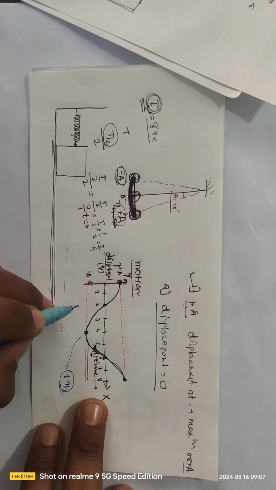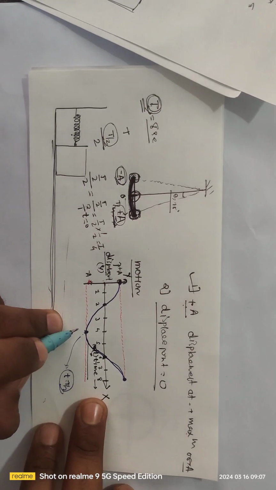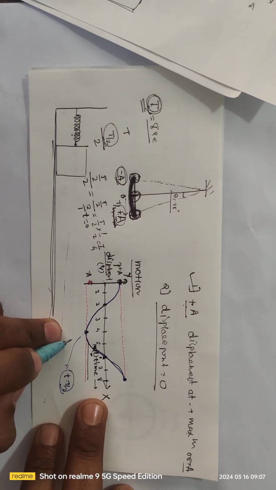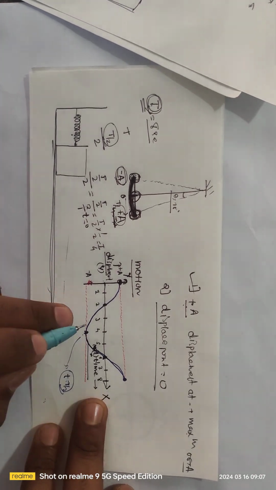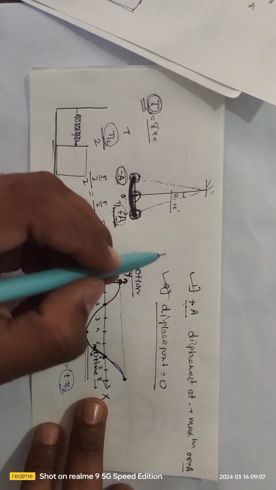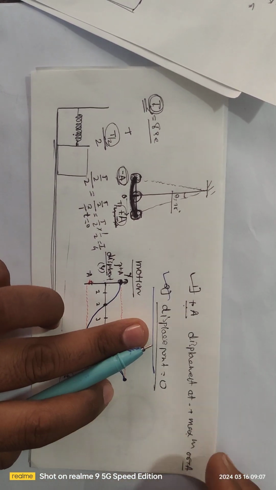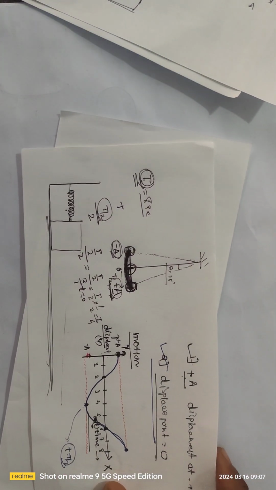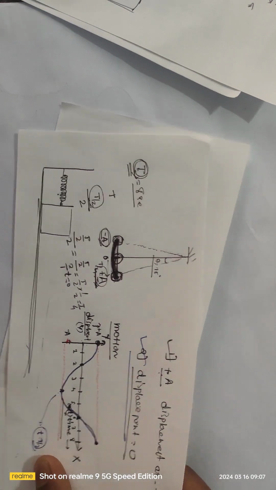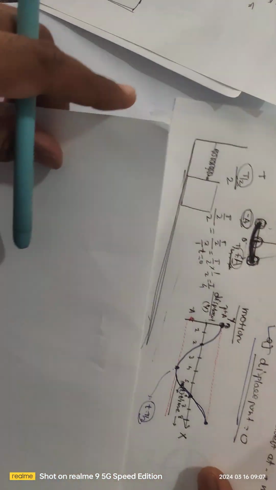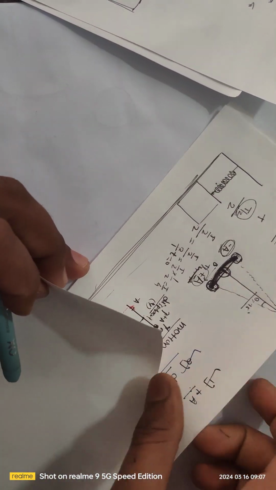Now I want to represent this in equation form, but before that I will take the second condition. If I start the oscillation from the 0th position, same thing I have to do.